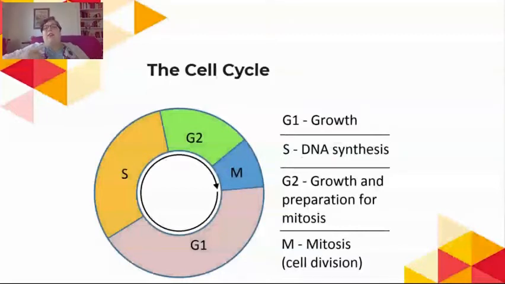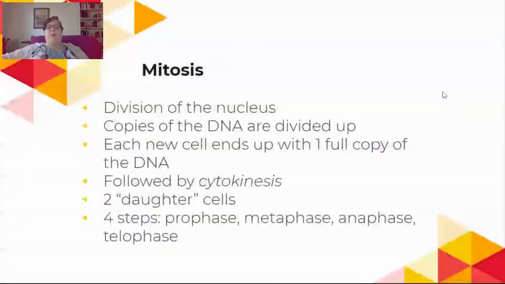After that, the cell does a little more growing in its G2 phase until it reaches the point where it is ready to divide. And by division, we mean mitosis. So, mitosis is the most critical part of division.